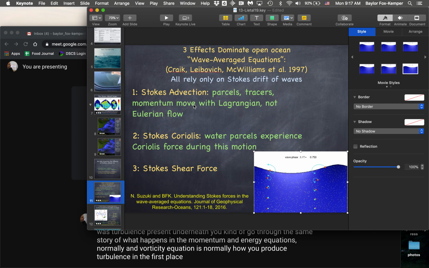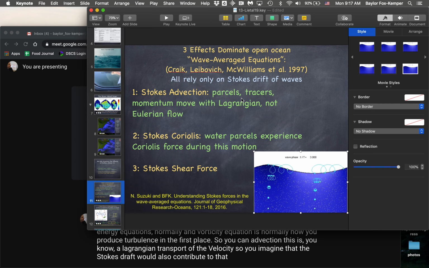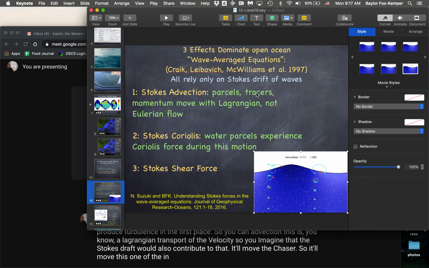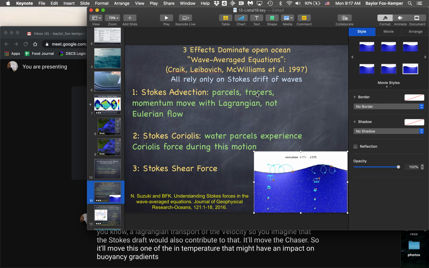So you get advection, a Lagrangian transport of the velocity, so you'd imagine the Stokes drift would also contribute to that. It'll move the tracers, so it'll move the salinity and temperature. That might have an impact on buoyancy gradients, even buoyancy fluxes, in the turbulent sense.